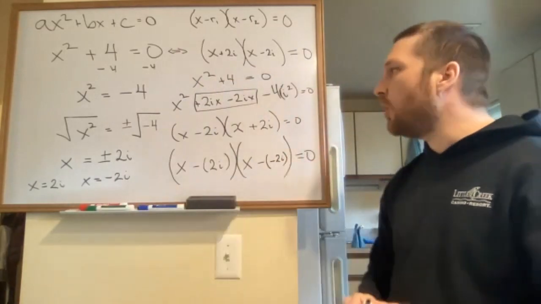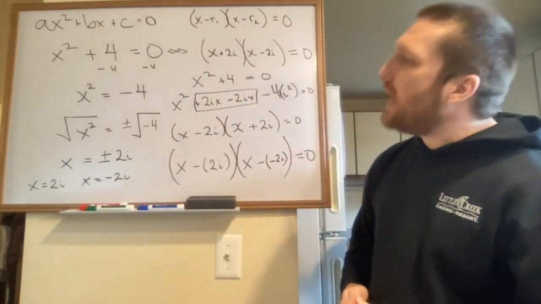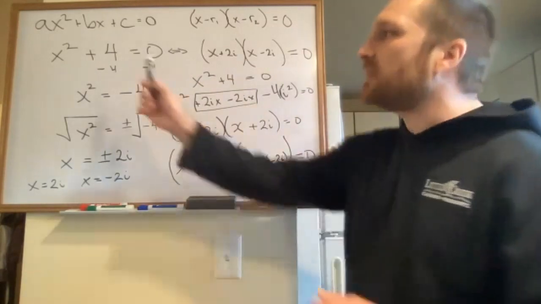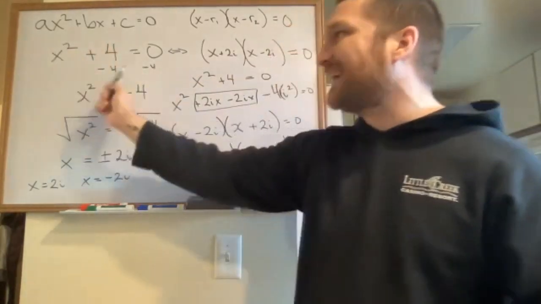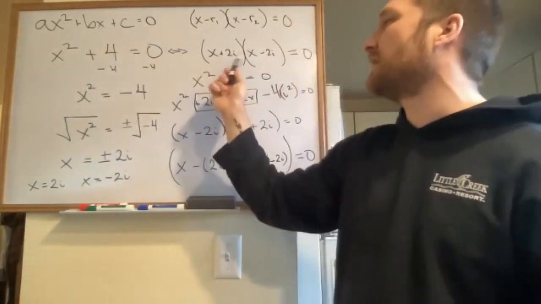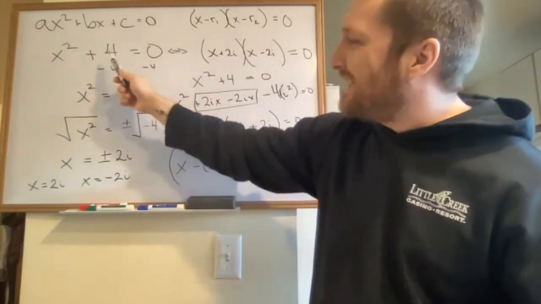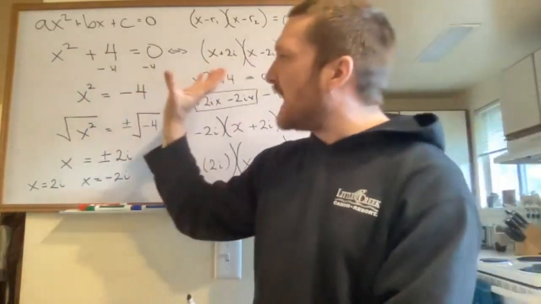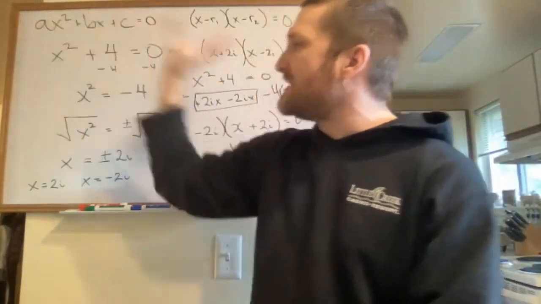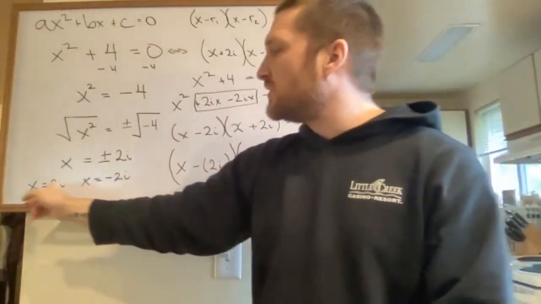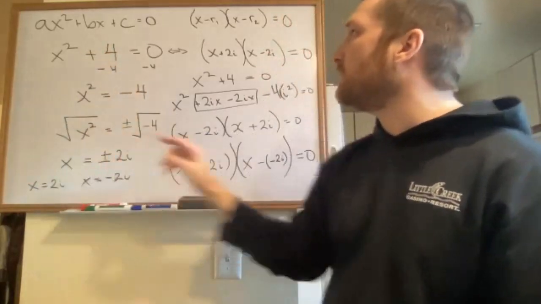So, okay, that's all right. So it turns out we took something that could not be factored. We can't just factor this. I couldn't have told you it was plus or minus 2i. But using this method where I was able to isolate the x, get the x by itself, this actually looks really promising.